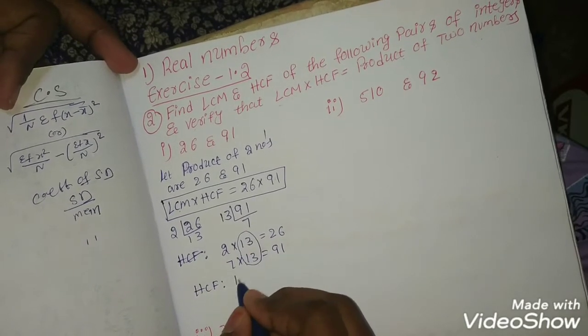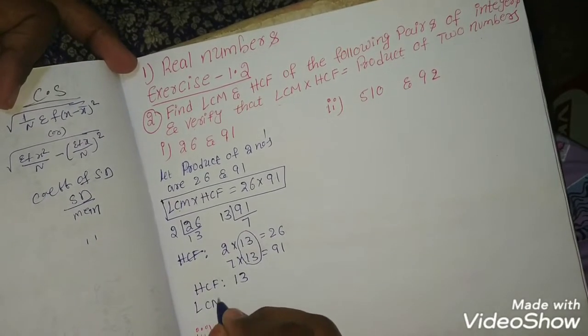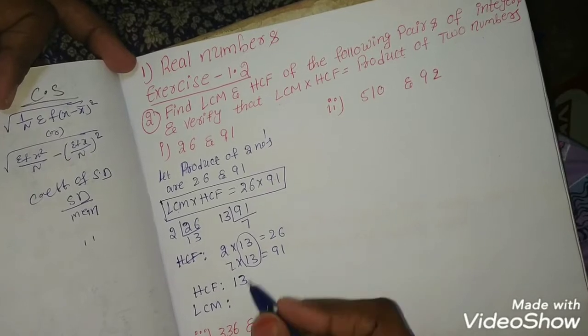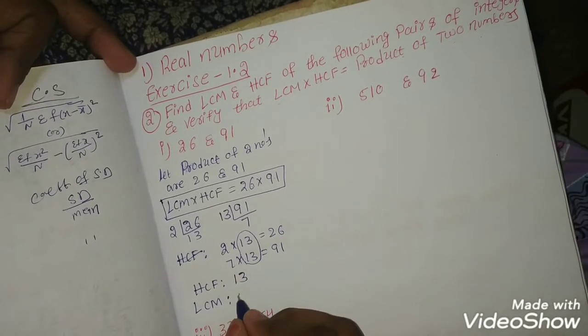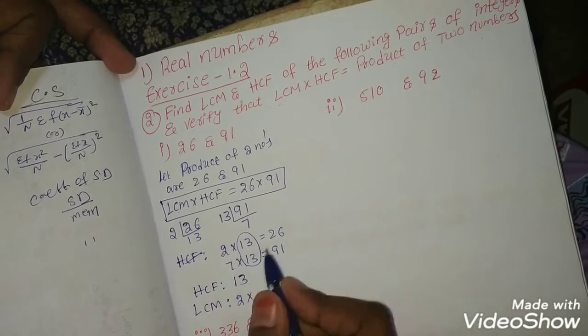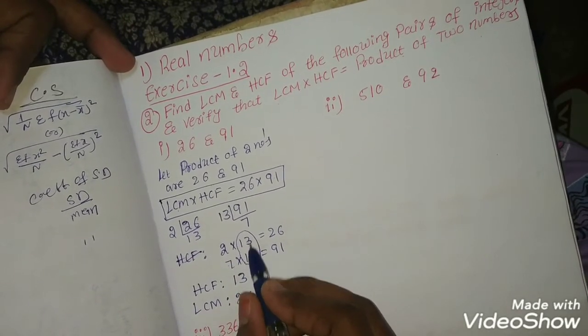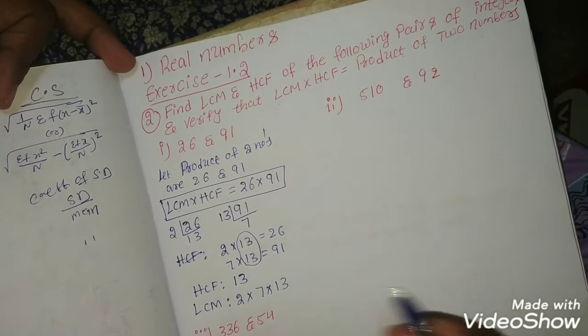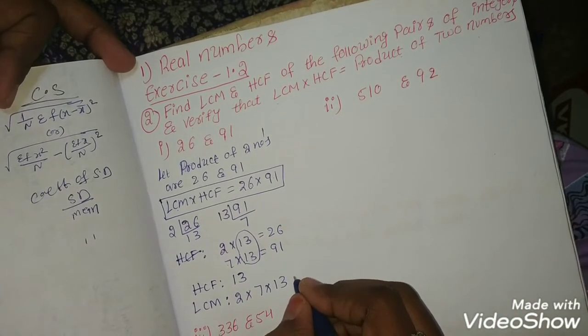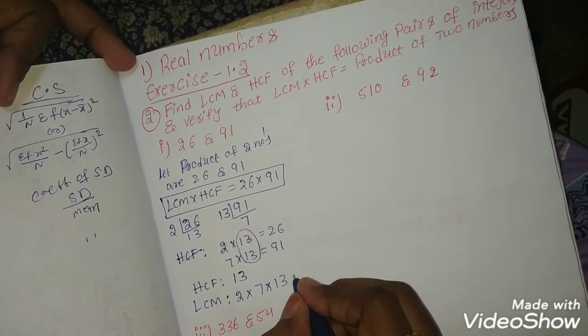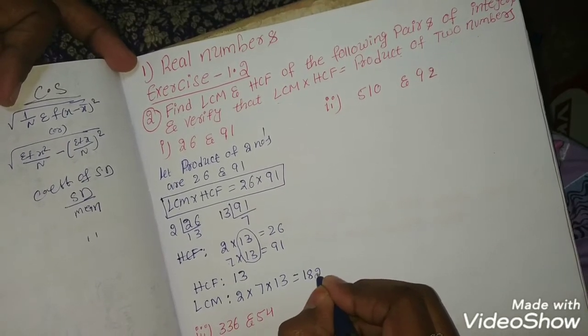So HCF is 13. What is LCM? How do we find it? 2 into 7 into the common number, so we write the common one single time. Now if you multiply this, we get 182.